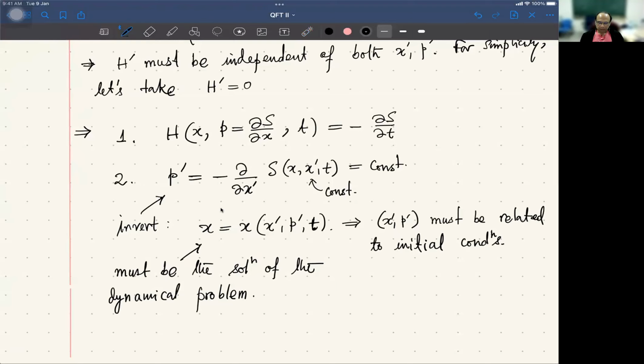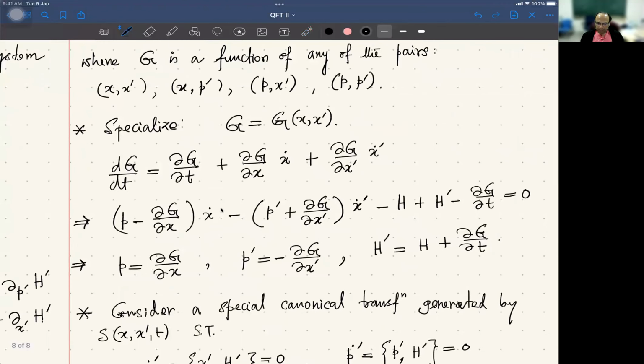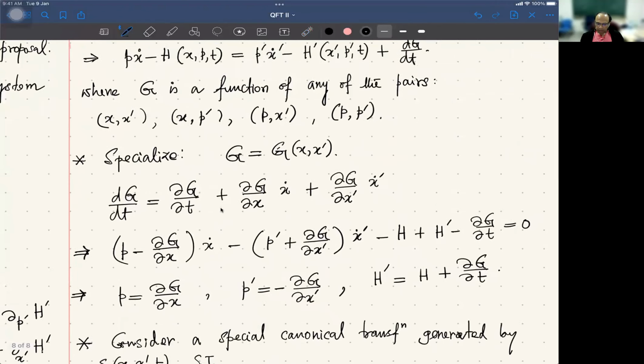Number 3: which equation should we use? Let's see.